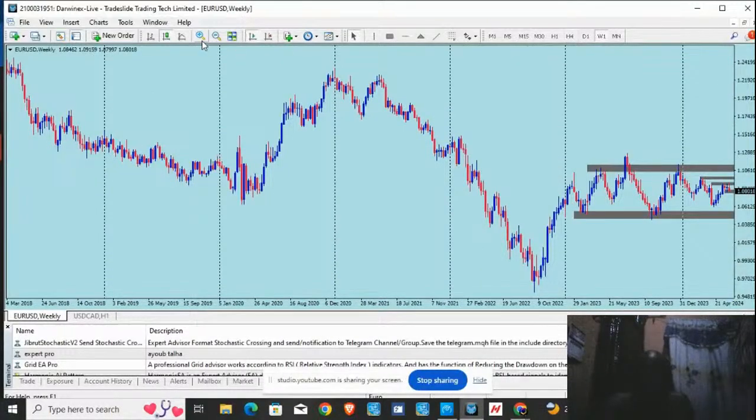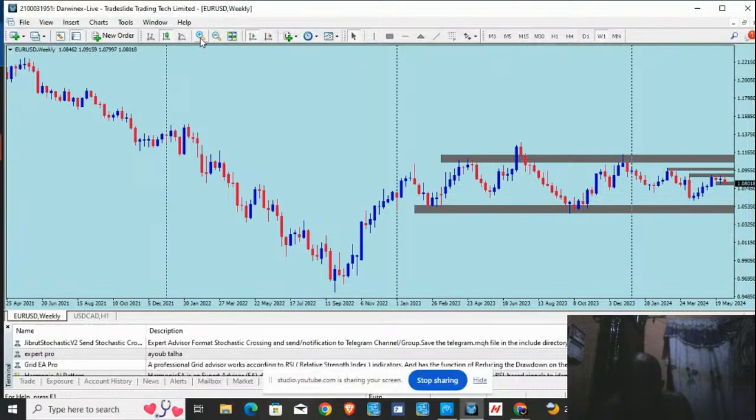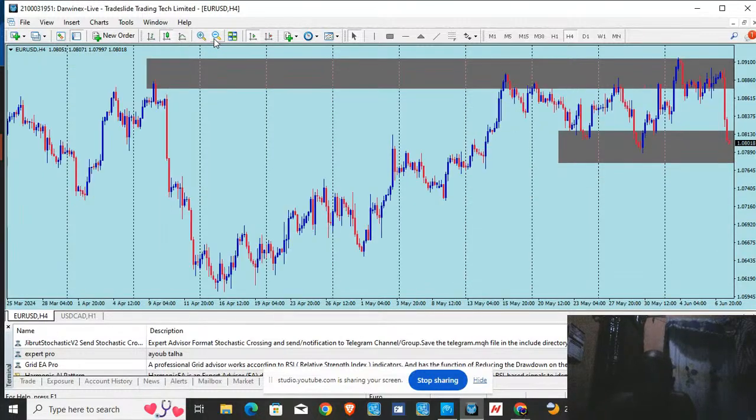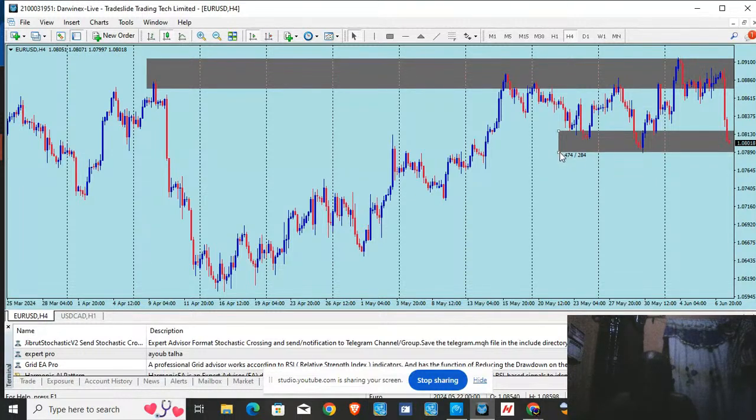Even on our weekly, yes, this is a zone. Here is important, and here is also important. So we are going to adjust here now. These are the two areas we are going to concentrate on.